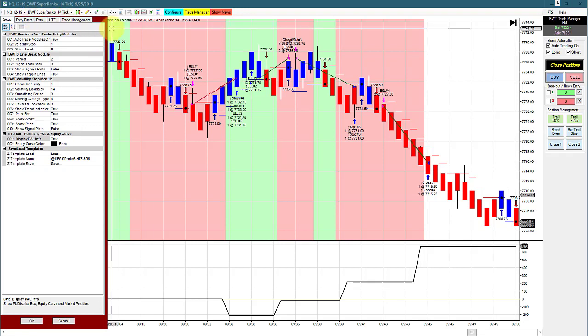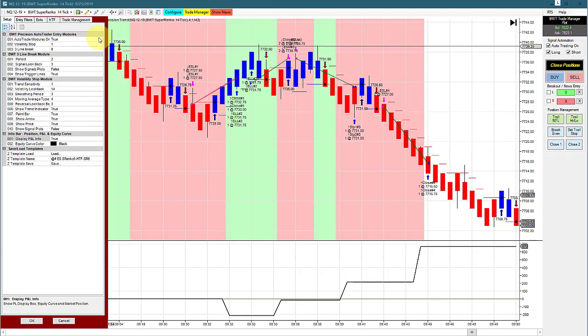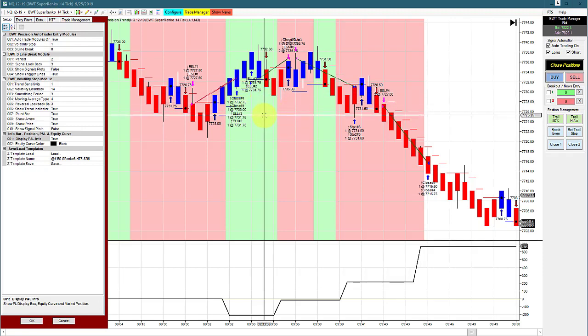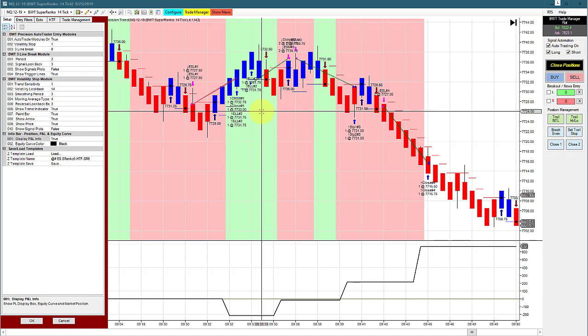So what I did is I took that template and I applied it to a NASDAQ Super Renko 14 tick. But I adapted it to the chart. 6 tick is pretty small in the NASDAQ, and 14 tick is not so bad. Remember, the NASDAQ now is 4 ticks to a point at $5 a tick, so that's only 20 ticks a point.